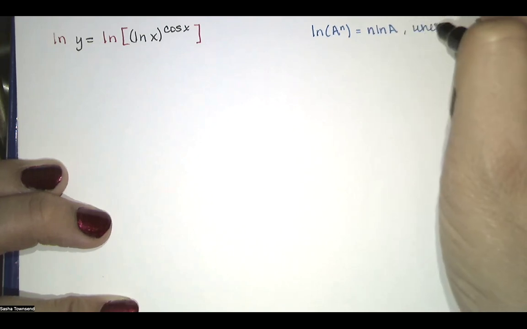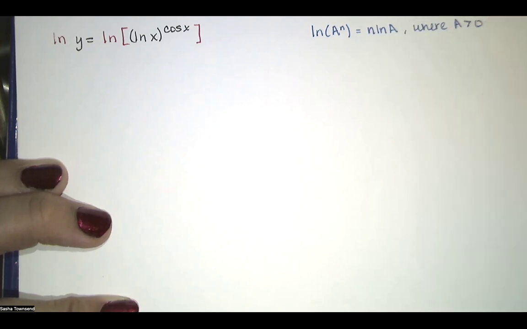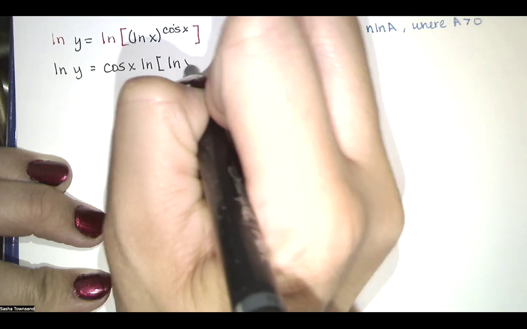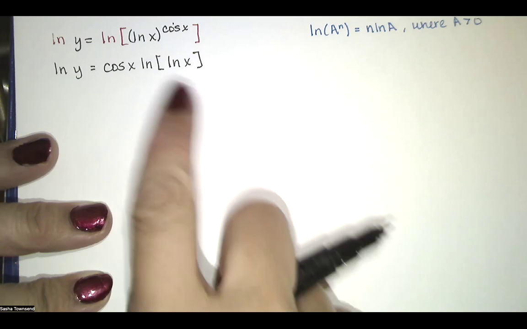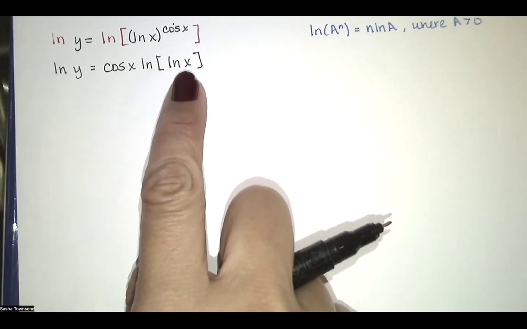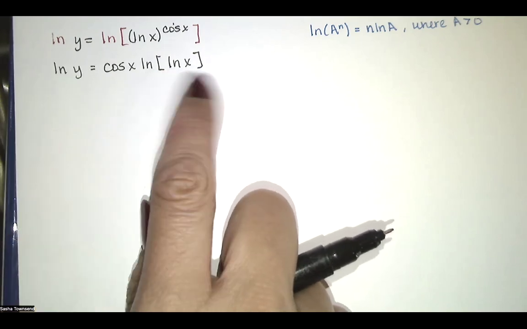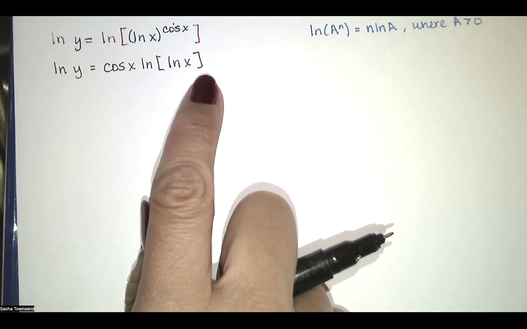So we'll say where a is positive. Then this is what we get. We have log of y equals, well, if I bring that cosine out front, cosine of x times natural log of x. And when you're doing the computation, you can see that in order to take the natural log of x, natural log of x has to be positive. So our domain does have to be 1 to infinity.